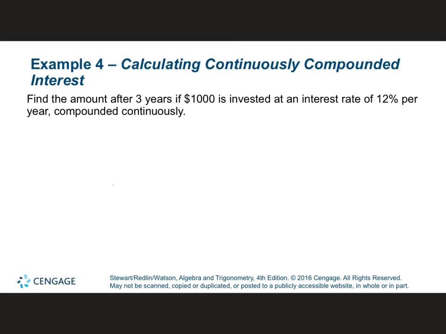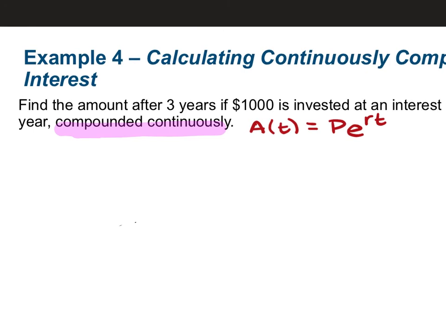For our last example, it tells us to find the amount after 3 years if $1,000 is invested at an interest rate of 12% per year compounded continuously. This compounded continuously means use the formula A of t is equal to principal times e to the power of your rate as a decimal times your time. So, your principal is $1,000.